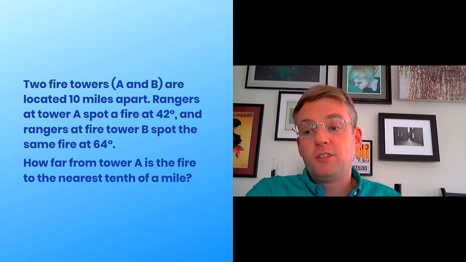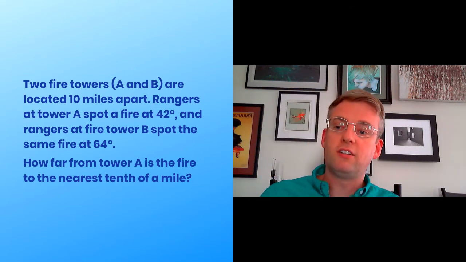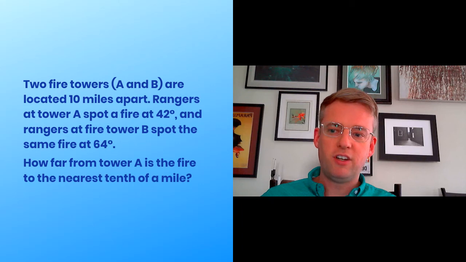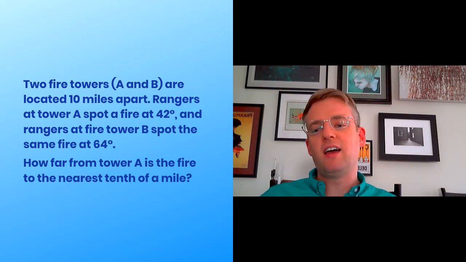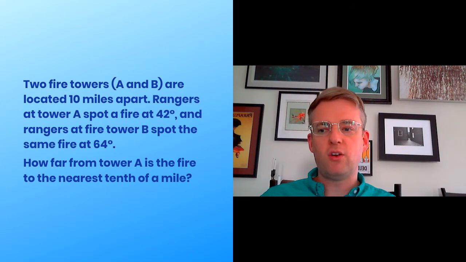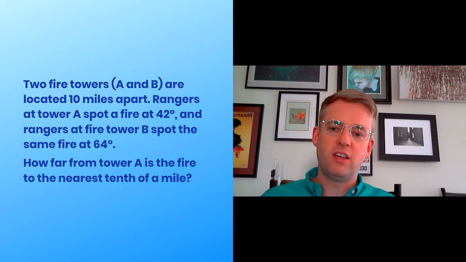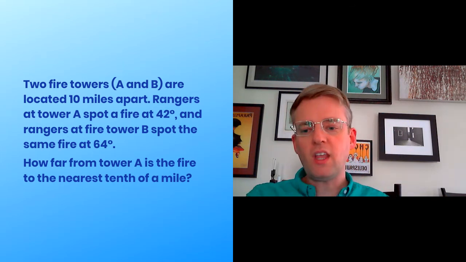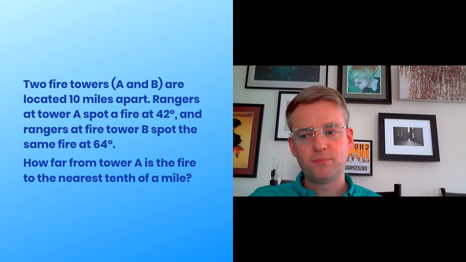So in this problem, there are two fire towers, and they're a known distance apart, and they can see smoke somewhere off in a direction from presumably the same fire, and we can use triangulation to figure out where that fire is. Which one of these is closer, we can just do from knowing the angles, but how far away it'll be is something we can solve with trigonometry.